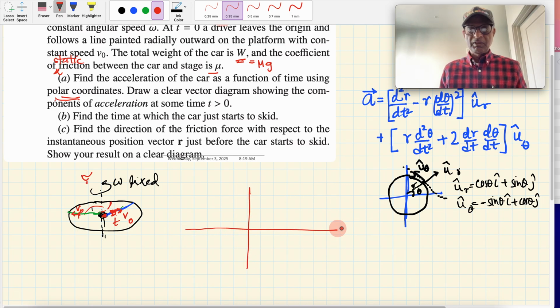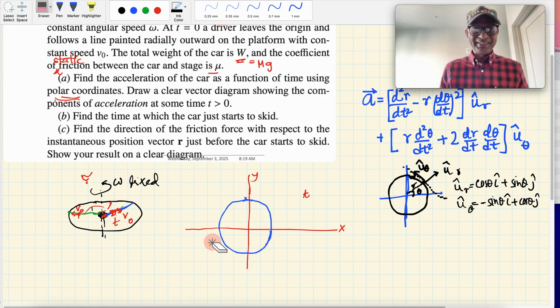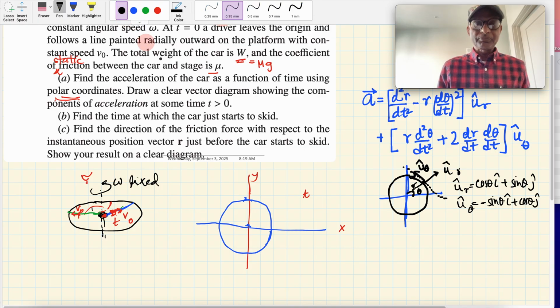So you have x and y, and we're going to draw at some time t. Let me get rid of this x and draw a new x.